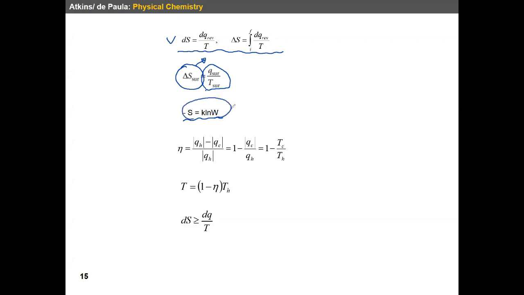This is also called statistical thermodynamics. And we have also learned about the efficiency of Carnot cycles. During this Carnot cycle, we also defined the thermodynamic temperature scale.